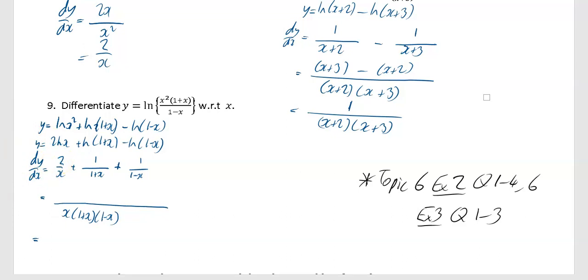So that's really 2 upon 1 minus x squared. And here, this 1 needs to be multiplied by x and 1 minus x. So that's 1 times x upon 1 minus x, which is going to be x minus x squared. And this 1 needs to be multiplied by x upon 1 plus x, which is going to be x plus x squared.